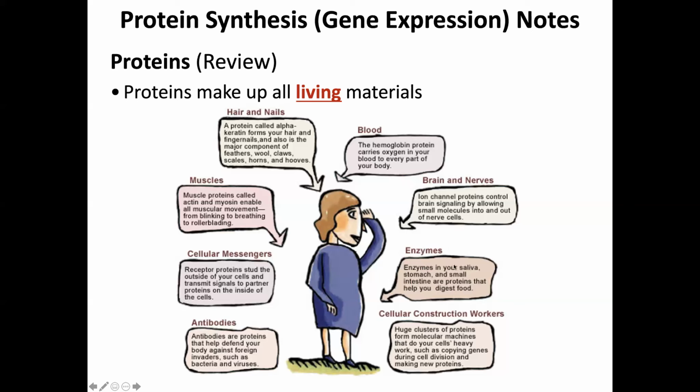They're in the human's saliva, stomach, and small intestine, and those proteins help you digest food. Also, proteins are cellular construction workers. Huge clusters of proteins form molecular machines that do your cell's heavy work, such as copying genes during cell division and making new proteins.